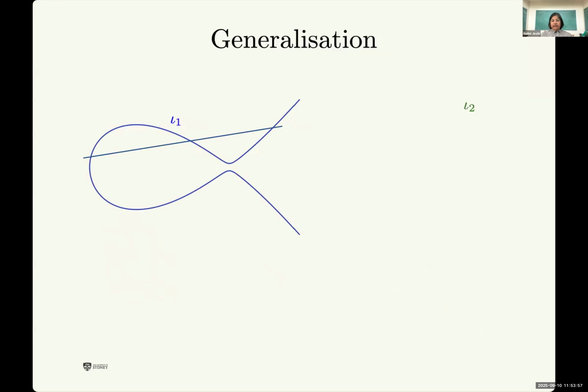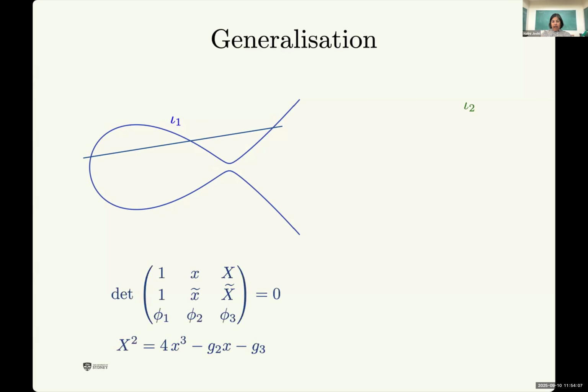So how could one generalize? If I go back to my cubic form of the curve, I can again take a straight line and use the addition theorem to define a map.